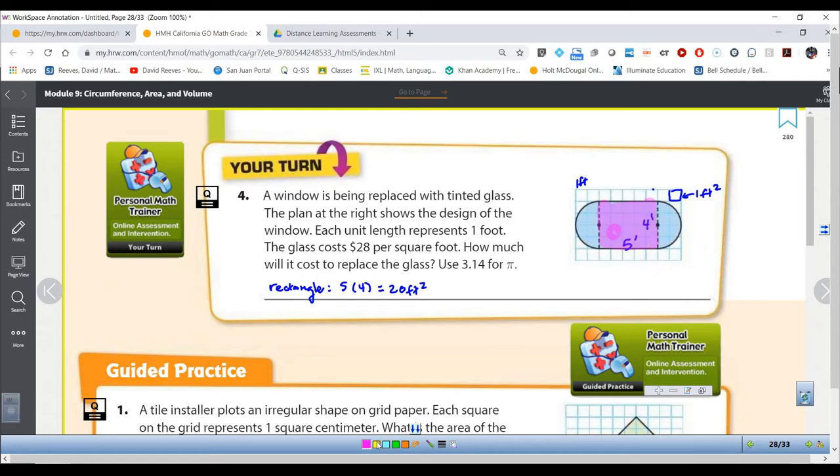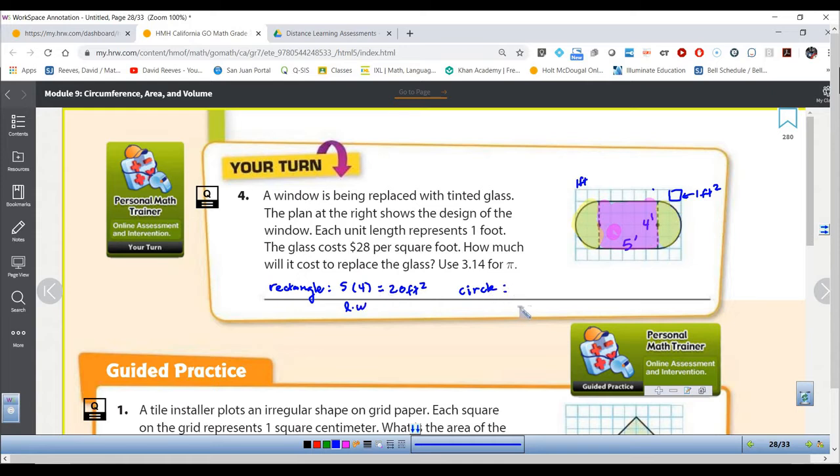All right, now we have to get these two parts here. So we have to get this part here and this part here. Well, I hope you can see that each one of those makes up half a circle, and 2 half circles make a whole circle. So we're going to have the area of a circle. And by the way, a rectangle is length times width.